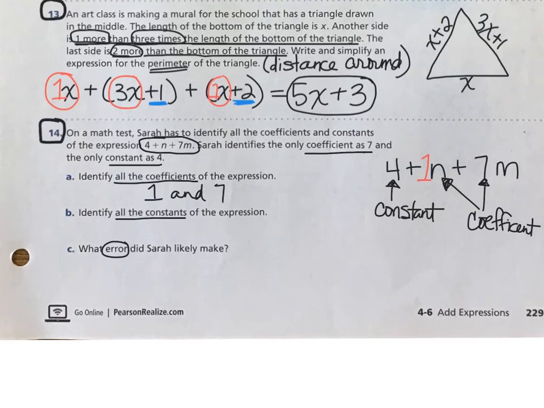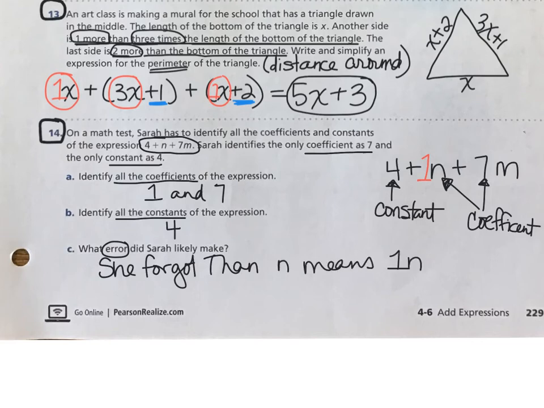When I identify the constants, I only have the 4. So the error that Sarah likely made is that she forgot that n means 1n, so there is another coefficient.